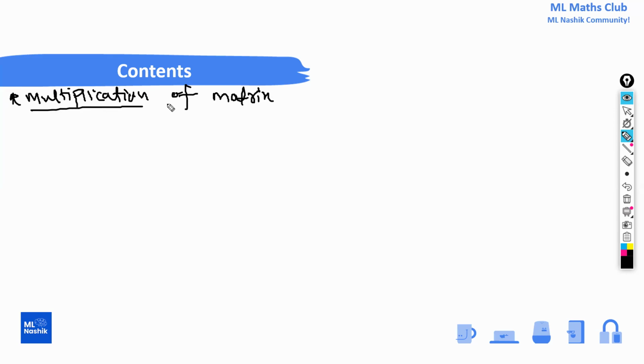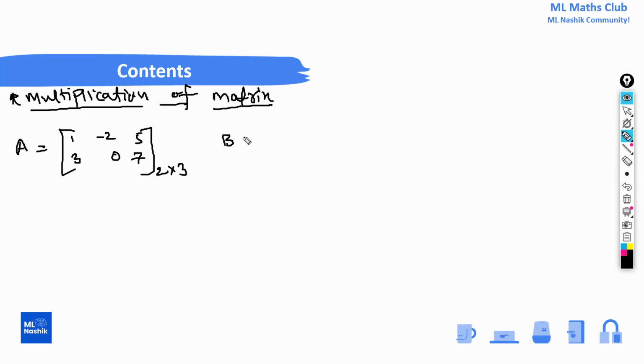As we have seen, to add or subtract two matrices, the order of both matrices should be the same. But while doing multiplication, it is not necessary that the order of all the matrices that you are multiplying should be the same. So for example, you have a matrix A of order 2 by 3 having elements 1, -2, 5, 3, 0, and 7.